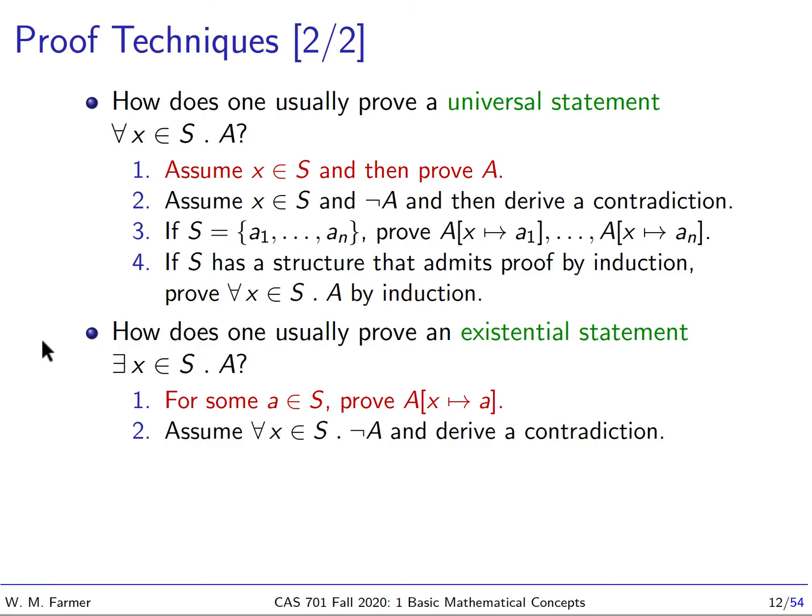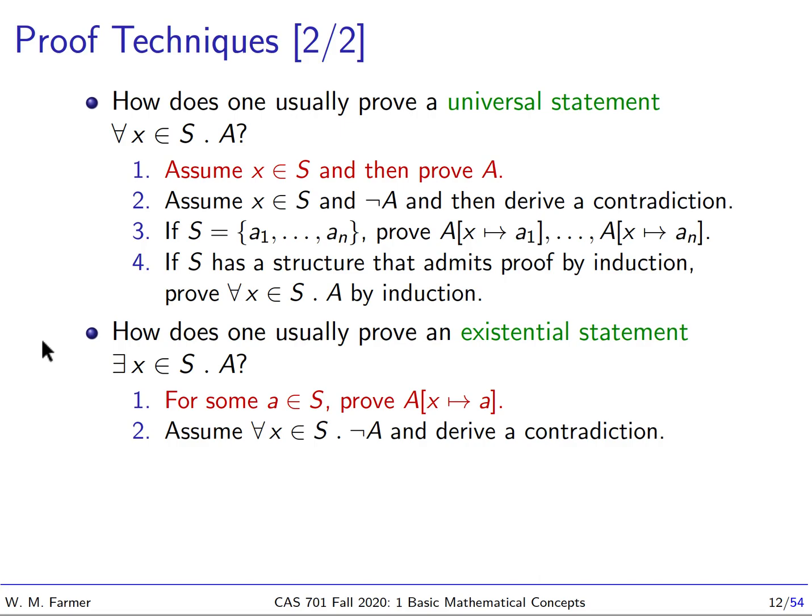So I don't assume anything about X. Usually all we have is a symbol. All we know about X is it's a member of S. Then we try to prove A, because A will be a statement about X. And if we can prove that, then we know the universal statement is true because we didn't assume anything about X, except that X is in S.